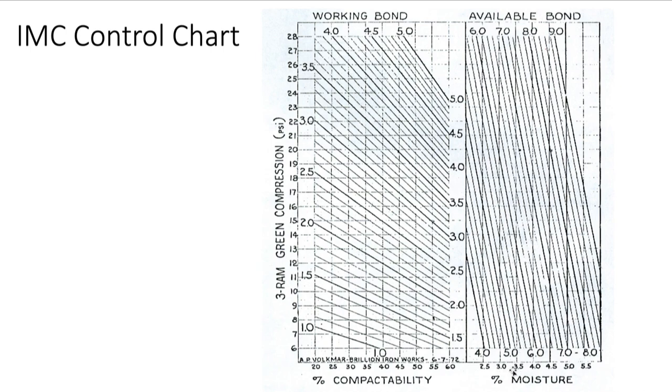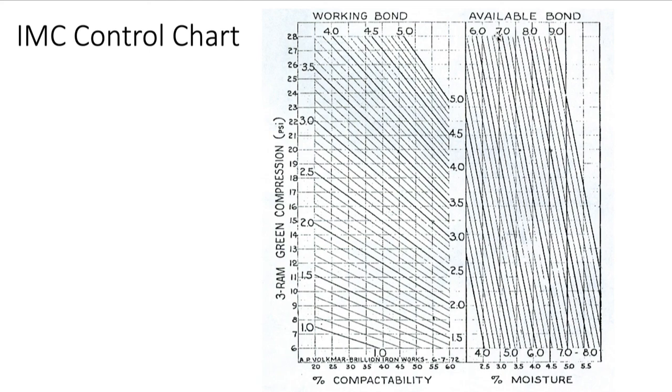Now, if I determine the moisture content, I don't know, let's say we're at 3.5 moisture content. Okay, we go up, and then we're also going to use green compression strength again. So we come over here at green compressive strength, and we were at 3.5%. And so we follow that up, and it's something like 6.8, I think that is.